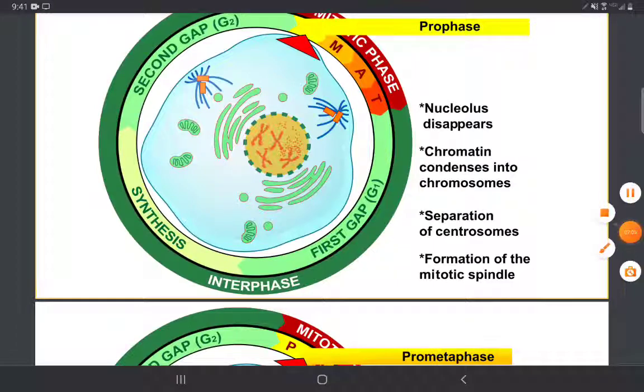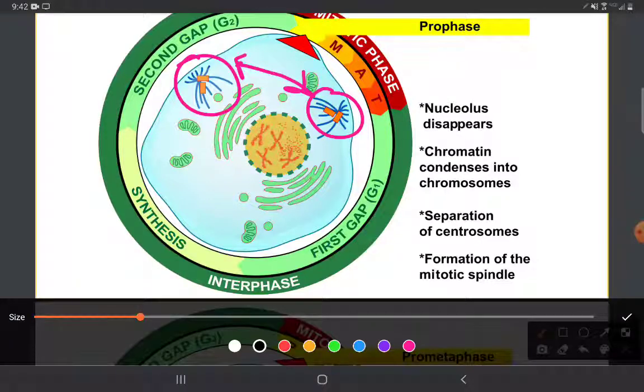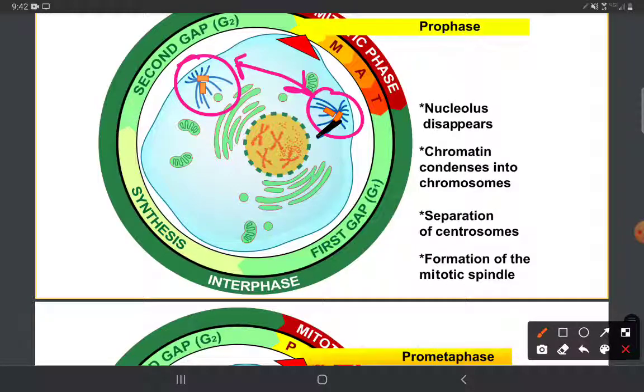We also see a separation of centromeres as they move towards opposite ends of the cell in preparation to divide the cell. And finally, we see spindle fibers start to form, reaching toward the middle of the cell.